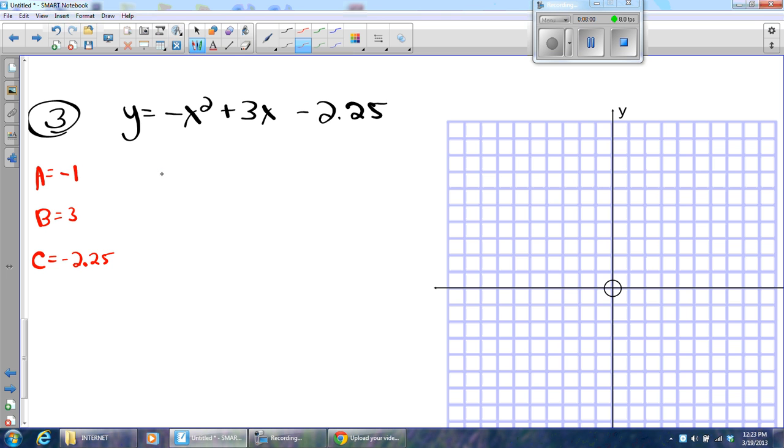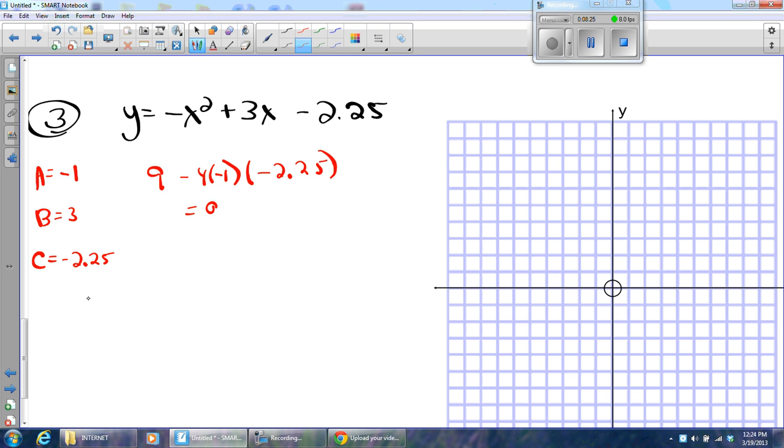So I'm going to square 9, and then minus 4 times negative 1 times negative 2.25. Yeah, I'm expecting that that's going to come out to be 0. 9 minus 4 times negative 1 times negative 2.25. And sure enough, I do get 0. So there's one root.